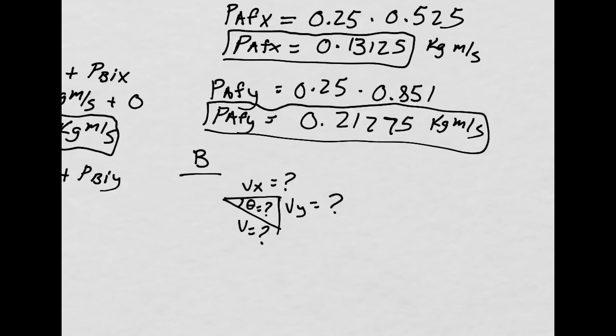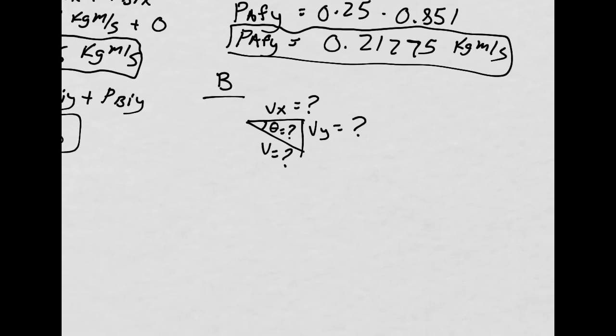So, we need to break our V down into x and y components and then put it back together at the end of the problem. So, Vx is equal to V cosine theta, and Vy is equal to V sine theta.